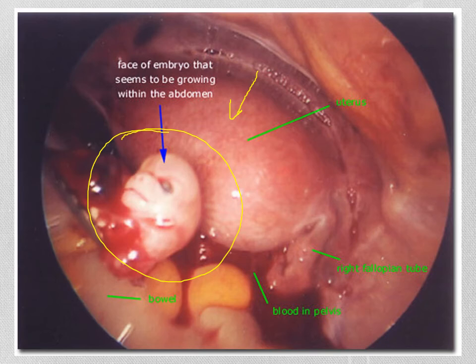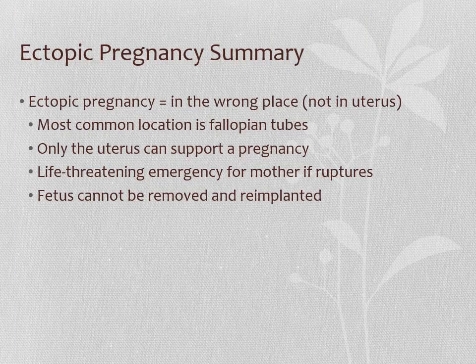And we can see, right, here's a fallopian tube over here. There's probably an ovary somewhere underneath here, but there's all this blood here, right? These bleed. This is obviously a picture taken at surgery. This is life-saving surgery for the mother. This embryo cannot be reimplanted somewhere else, right? We just can't keep that placenta intact and get it somewhere else.